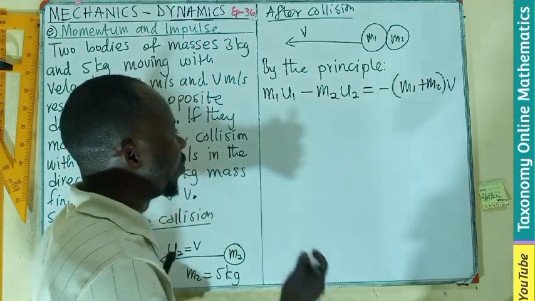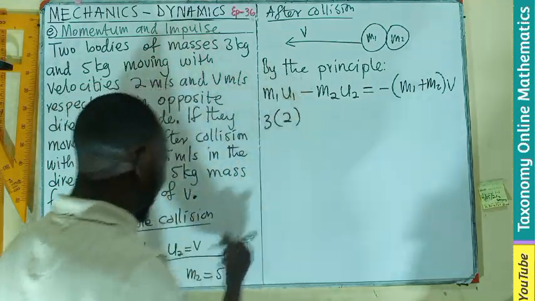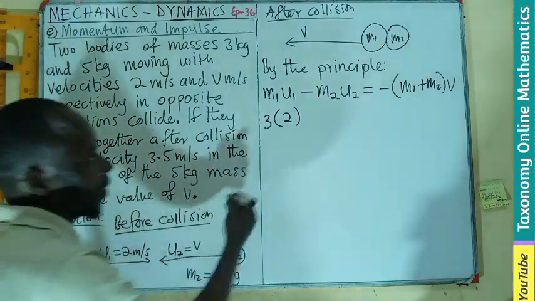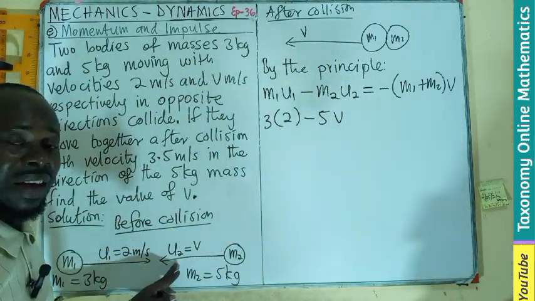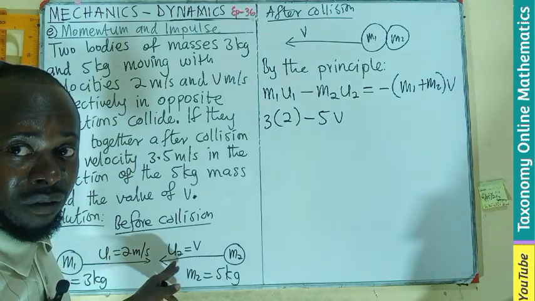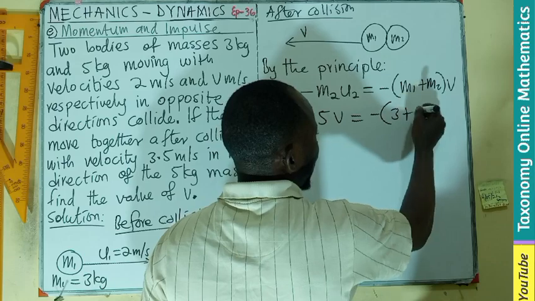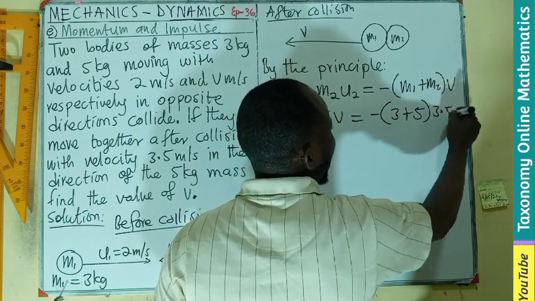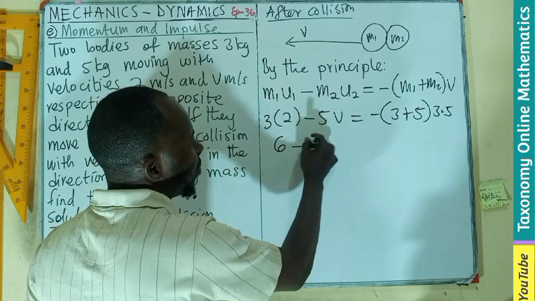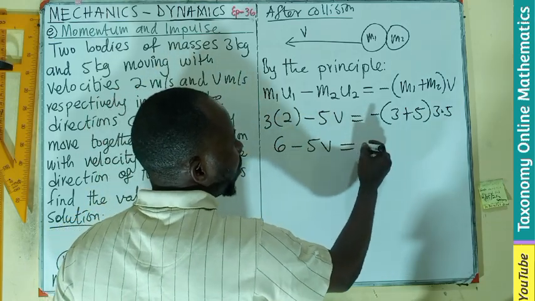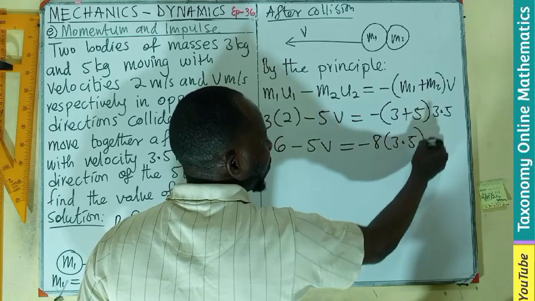So now if we substitute, we can have our 3 times 2, which is the velocity and the mass here, minus 5 times V, V being the initial velocity of the second body, equals to negative 8 times 3.5. And from that, we can have 6 minus 5V equals to negative 8 times 3.5.